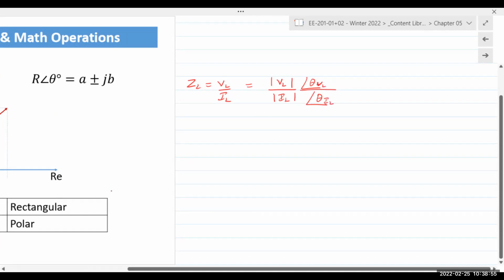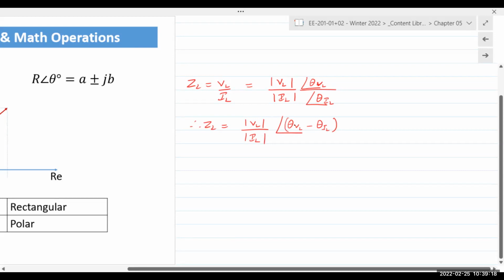How do we solve this? Anyone? The magnitudes are divided. The phase angles get subtracted. And that would be the answer.